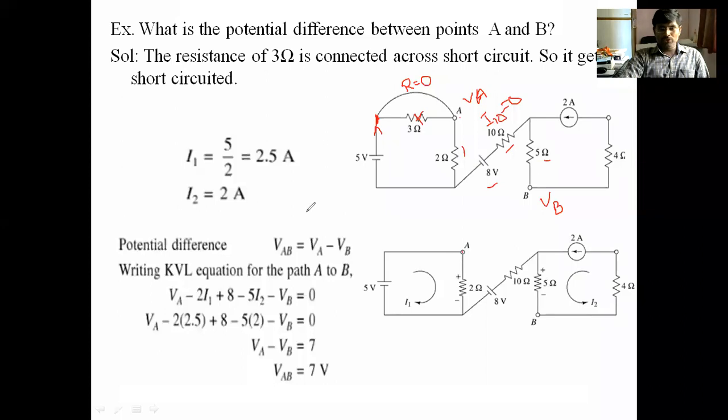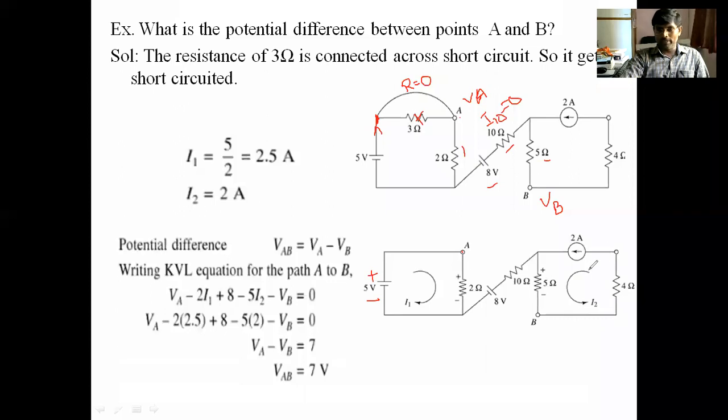Now, as usual, like your previous problem, calculate the current flowing through this 2 ohm and current flowing through 5 ohm. See here the polarities, you have to take the polarities. So here it is plus and it is minus. Okay, so therefore it is at higher potential. You need to mention these polarities, they will not give. These are also very important. Plus minus.